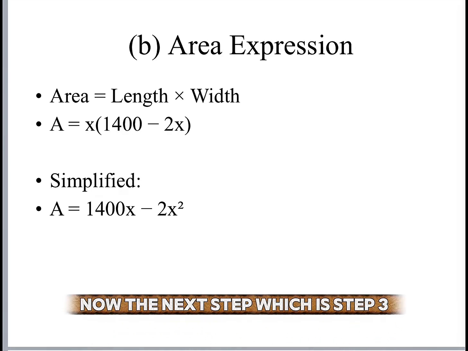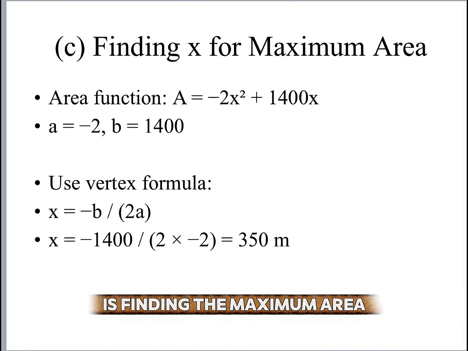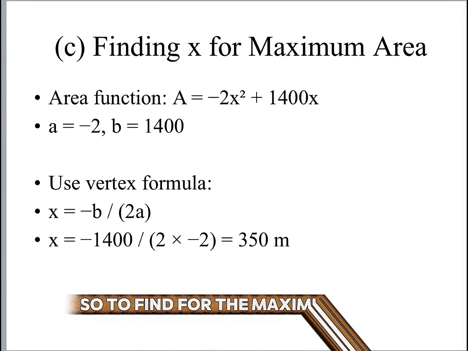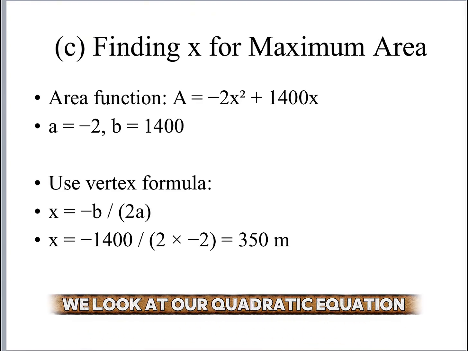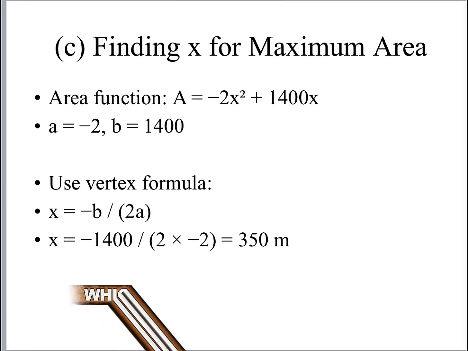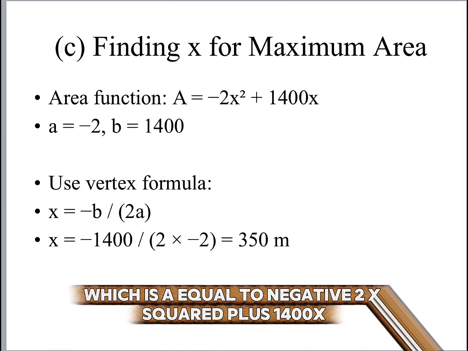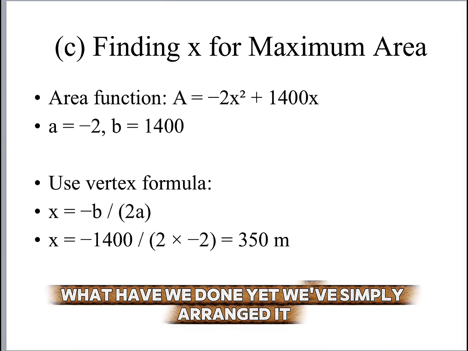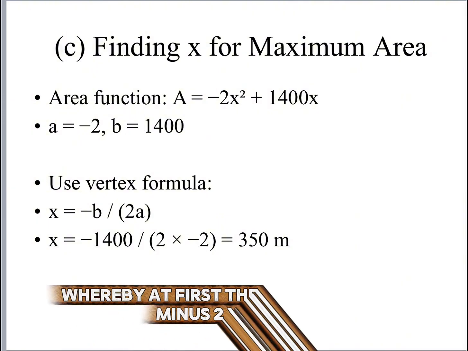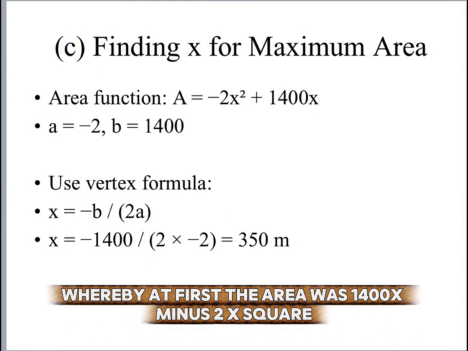Now the next step, which is step 3, is finding the maximum area. To find the maximum area, we look at our quadratic equation, which is A equals negative 2X squared plus 1400X. What have we done here? At first the area was 1400X minus 2X squared.